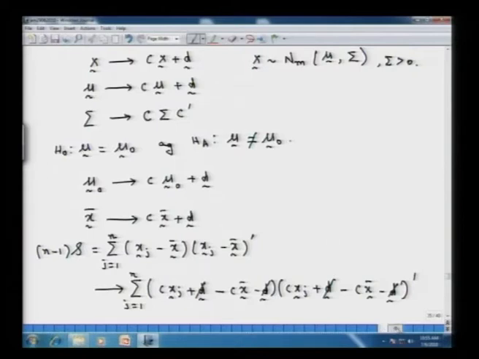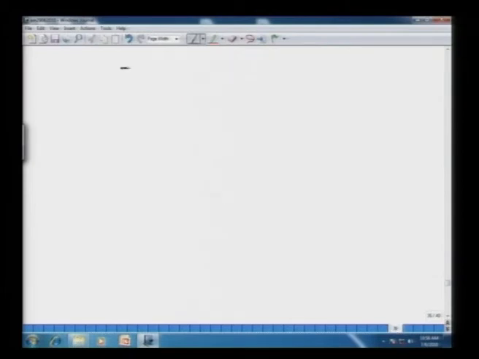Here C is a non-singular matrix, so C can be taken out from the left and C transpose from the right, and the quantity is going to be C times the summation j equal to 1 to n.